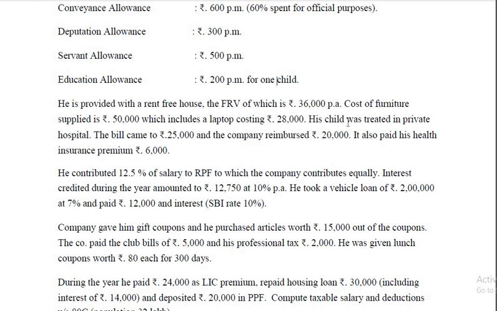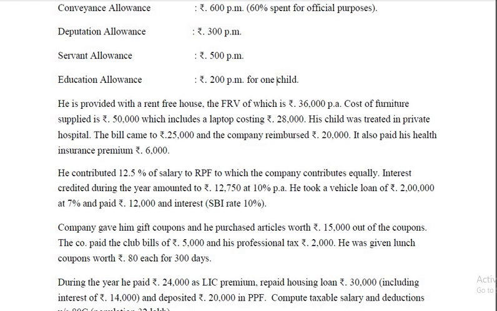Then his child, before that, cost of furniture supplied is 50,000, which includes a laptop costing rupees 20,000. If the furniture is owned, then 10% of cost of furniture should be taken as perquisite value of furniture. But of course, from the cost you have to exclude cost of a laptop as well as computer.